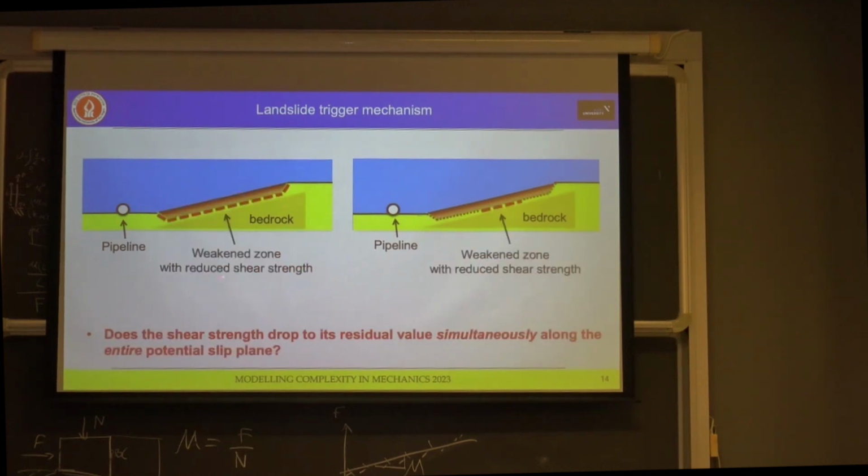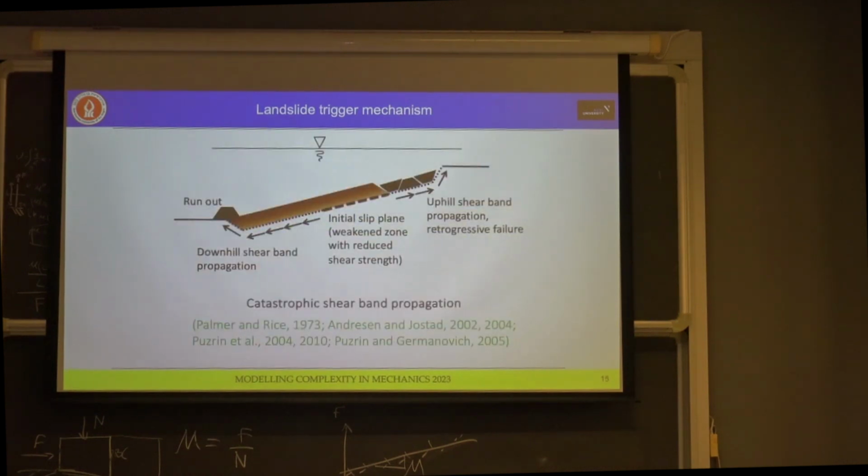The question now is what is this region? Is it all the potential slip plane, or is it some limited region? Yes, we can have a region where the shear strength dropped, which may become some stable limit, and then with the earthquake this solid body will go down slope.